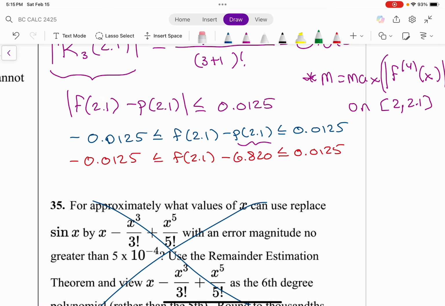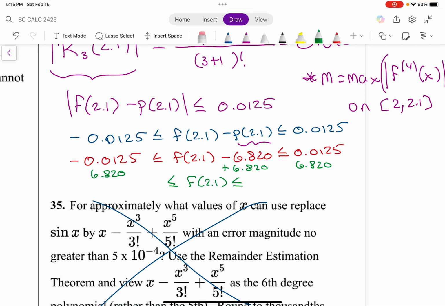And then if you add this to every section, you trap the value of f of 2.1 in the middle, and now we've bounded it on both sides. We can approximate the true value. We know it's between these two numbers, and that can be useful.